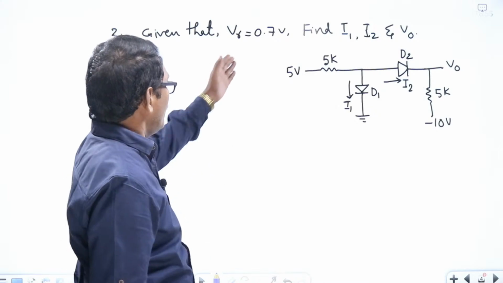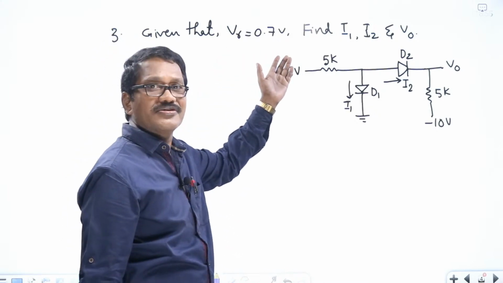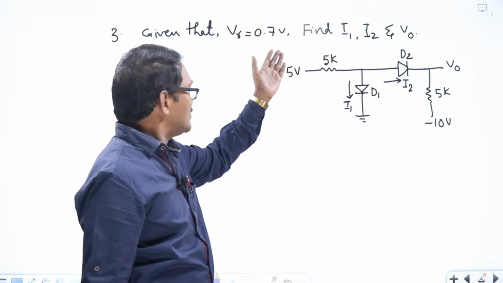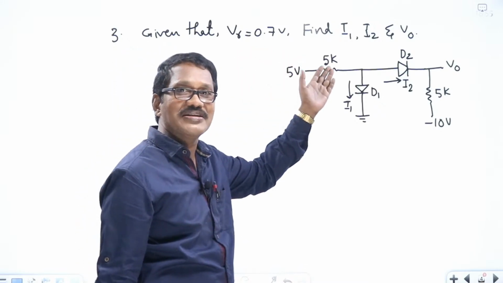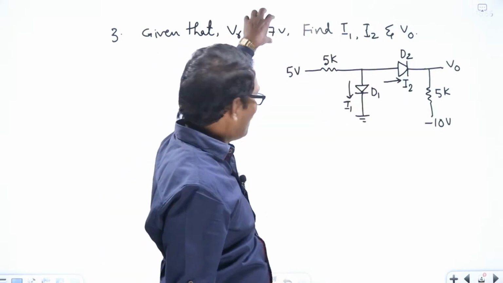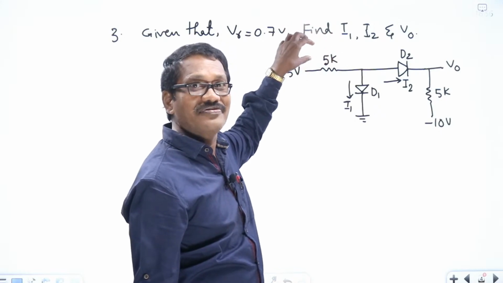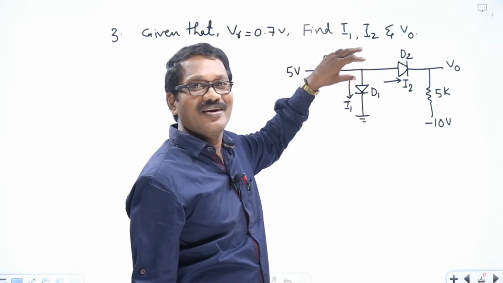Given that V gamma is equal to 0.7 volts, it is observed that the given diode is a practical diode, not an ideal diode. That means the potential barrier is assumed to exist, but RF is assumed to be 0. What does it mean?